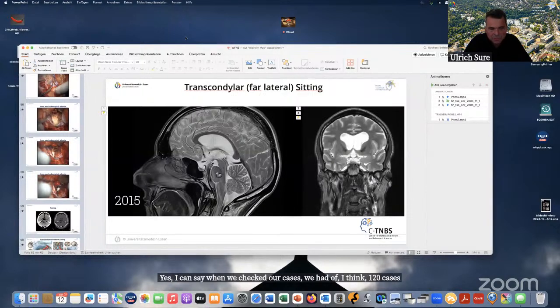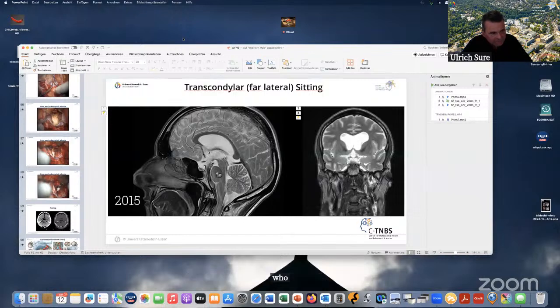We had two severe. I showed you the most severe case before by imaging. We had two severe cases, but we had two other cases who were also quite disabled, maybe not absolutely severely, who had a very similar thing.